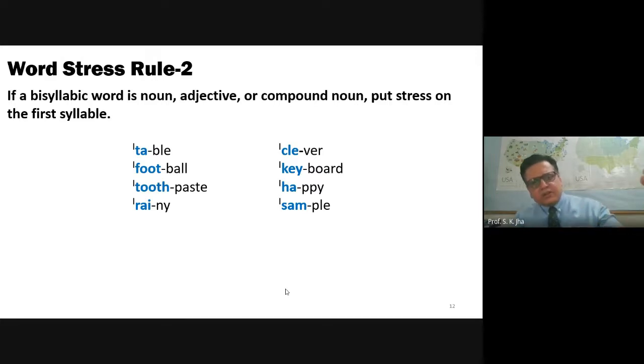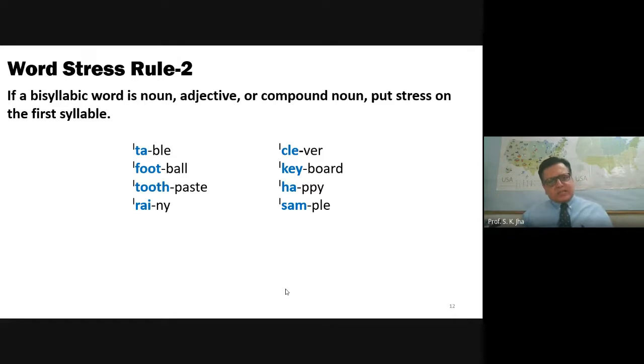So you see, in all these words you are giving stress on the first syllable, not on the second syllable. We will not say clever, keyboard, happy. No, not like that. Table, football, toothpaste, rainy, clever, keyboard, happy, sample.